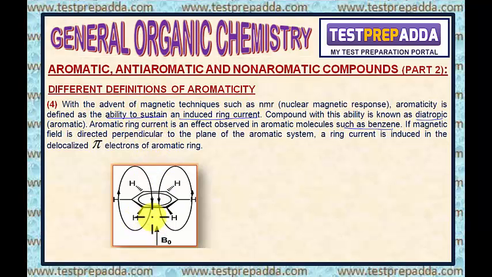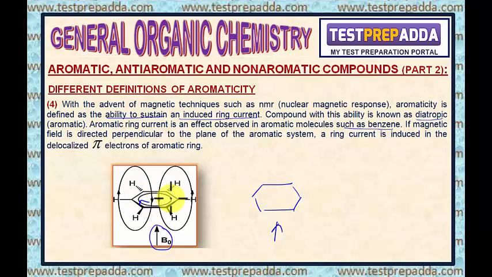You can see here, this is the benzene ring. So this is the plane. Now this is the external magnetic field applied here perpendicular to the plane. This is the external magnetic field, and you can see this is the ring current.